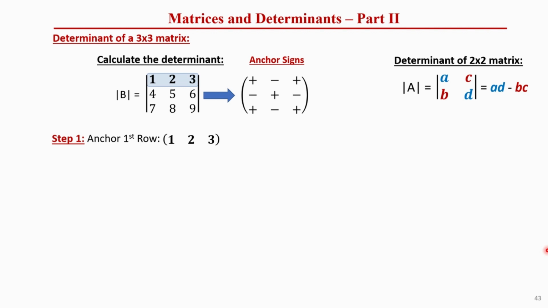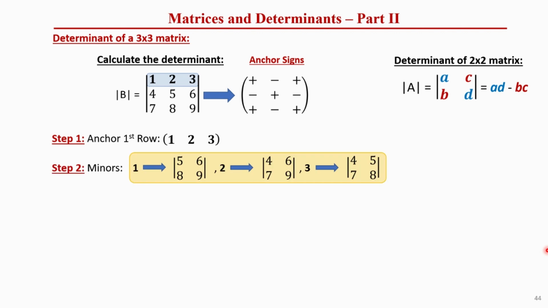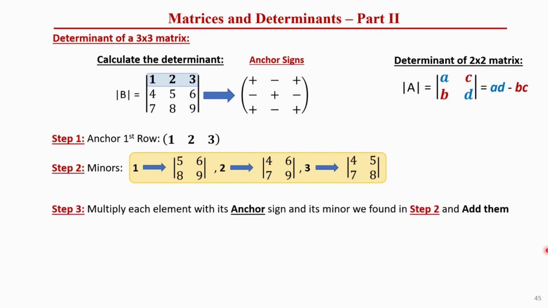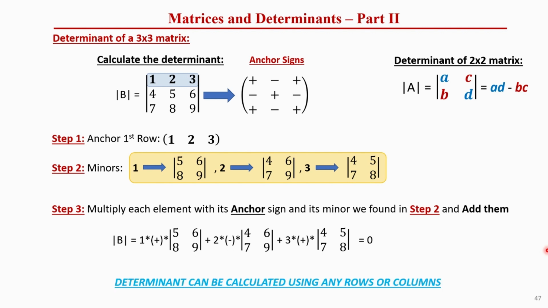So here in this example, I chose first row and we just stick to it. And in the second step, we want to find the minor for each element from the anchored first row. And in the last step, we multiply each element with its anchor sign and its minor found in step 2. And we add them all together. And in doing so, we end up getting 0, which is the determinant for the matrix B.